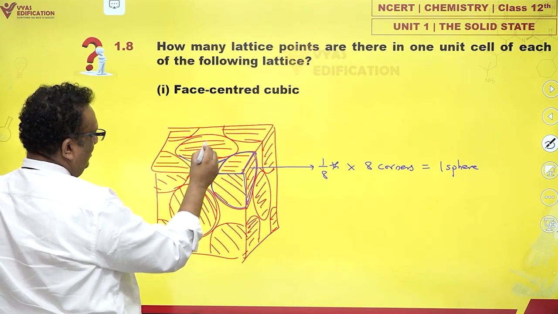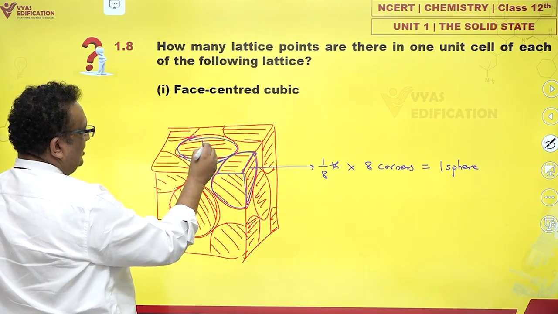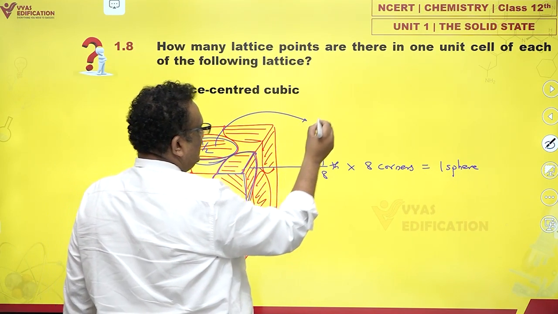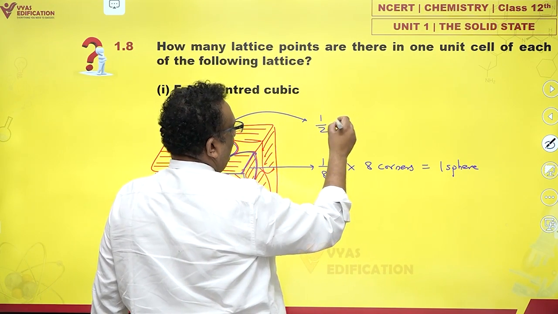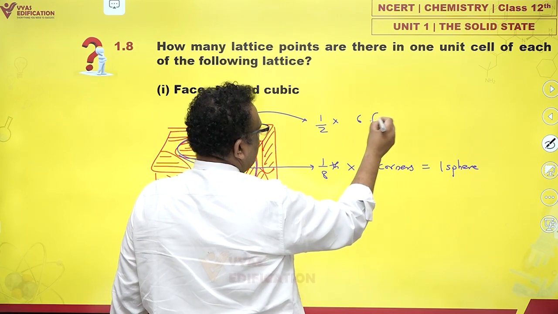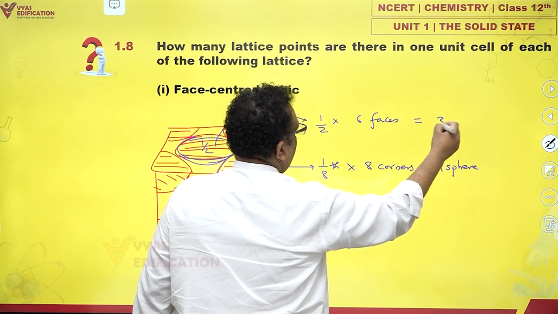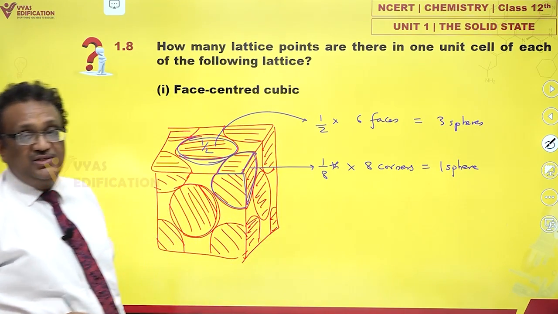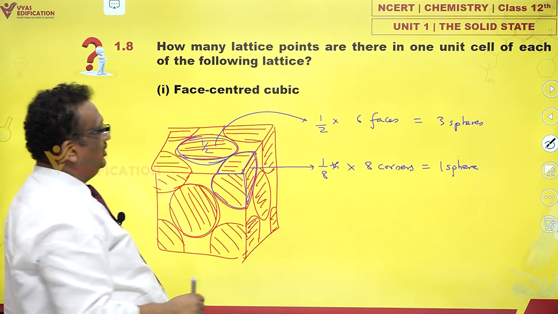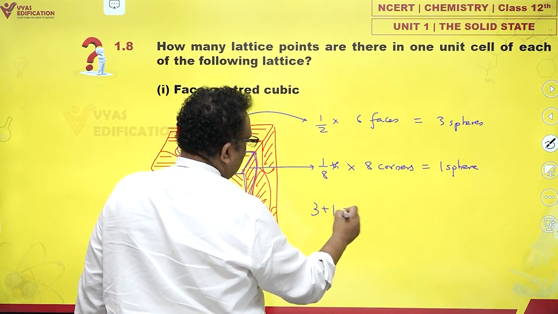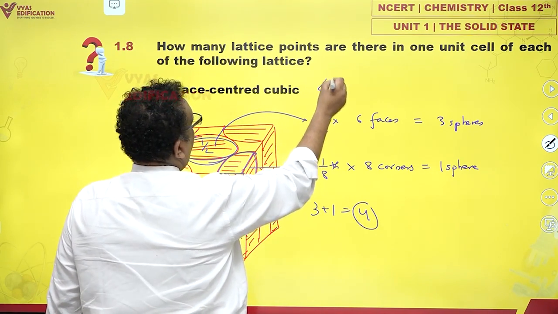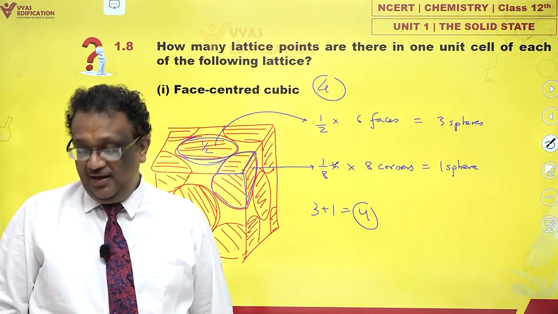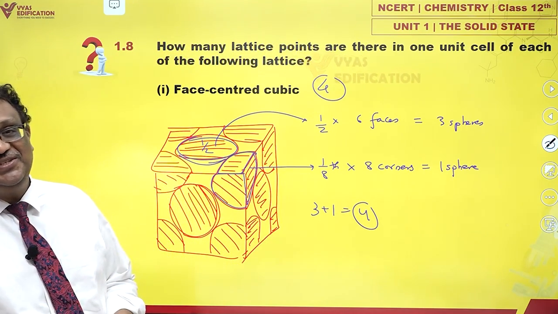If you look at this one, this is half. So, face-centered half into 6 faces, 3 spheres. Is there anything at the center, body center? No. So, total 3 plus 1 is 4. So, 4 lattice points are present within one unit cell in case of FCC structure.